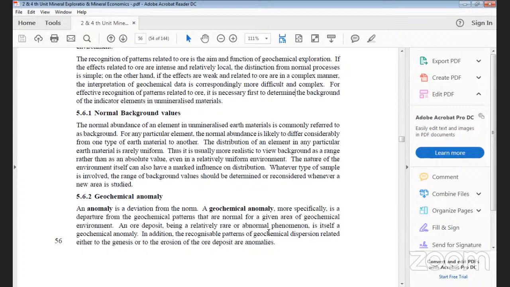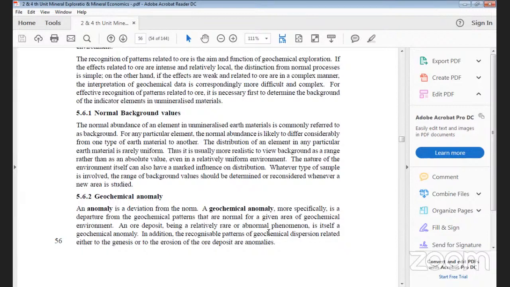Suppose you have collected samples from different locations that belong to soils. Once you have done the analysis and you get the data from the laboratories, you check the results of the different samples, and you may see a maximum of 1 ppm and above. Again you see the average value of all the samples.